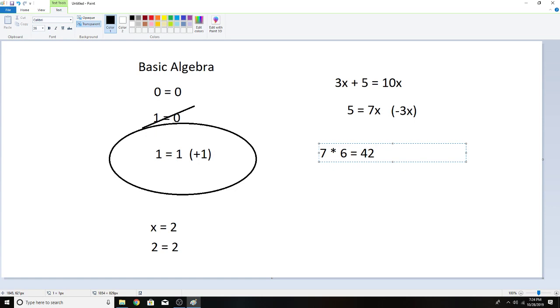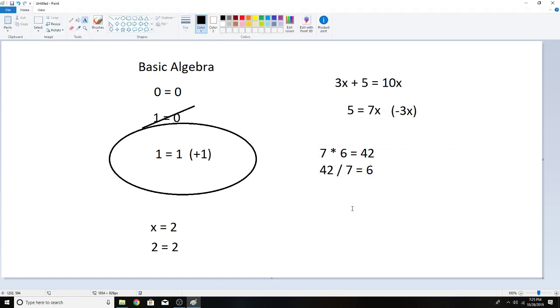But if we divide that whole thing by 7, so 42 divided by 7, what does it equal? Well, it equals 6 again. And that's what's happening here with the x. If we divide by 7, we can get the original number for x. Because 7 times x equals 5.